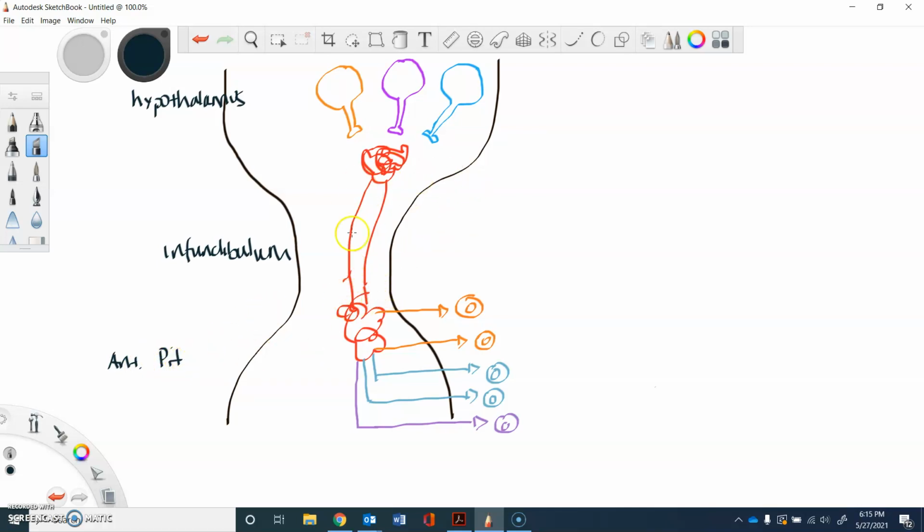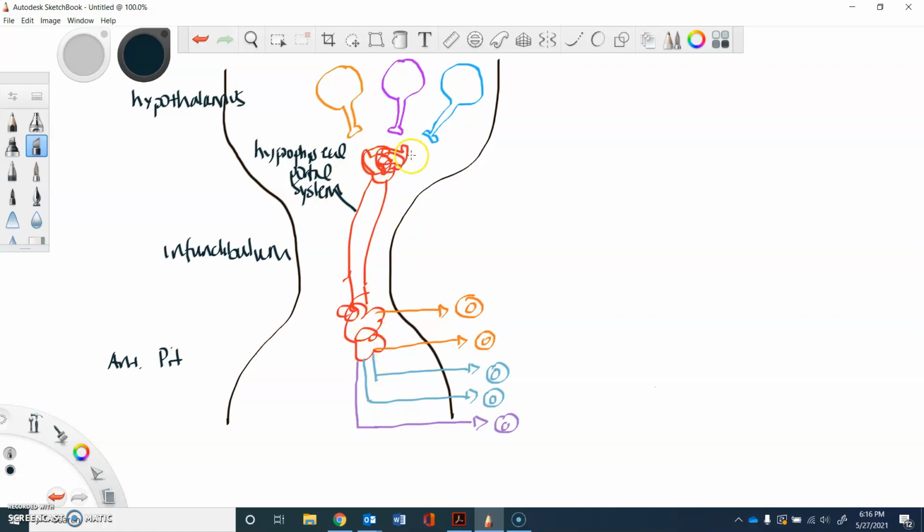All right, so we know that here, this red thing in here is the portal system. Okay, so this is the hypophyseal portal system. So this is the first capillary bed.